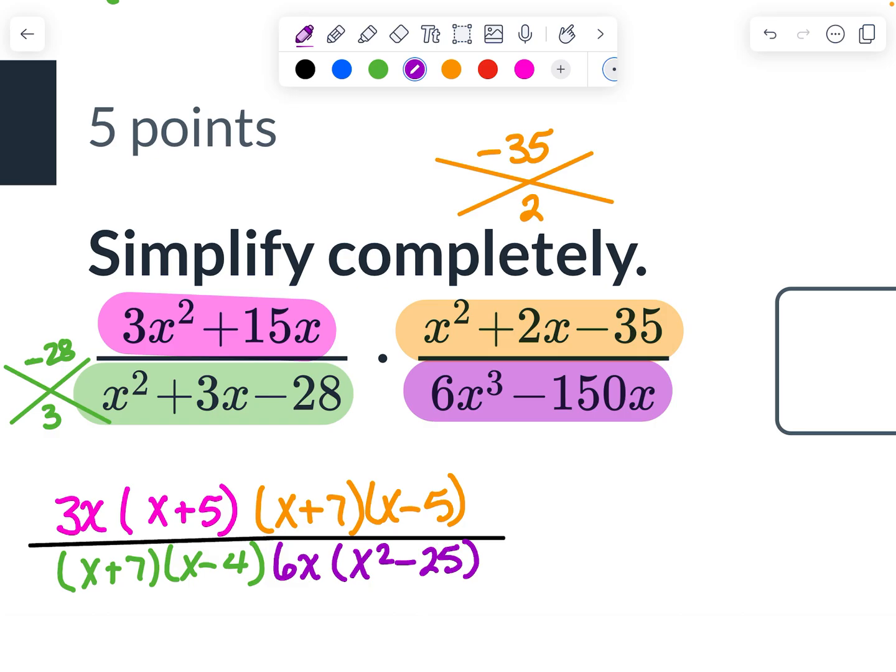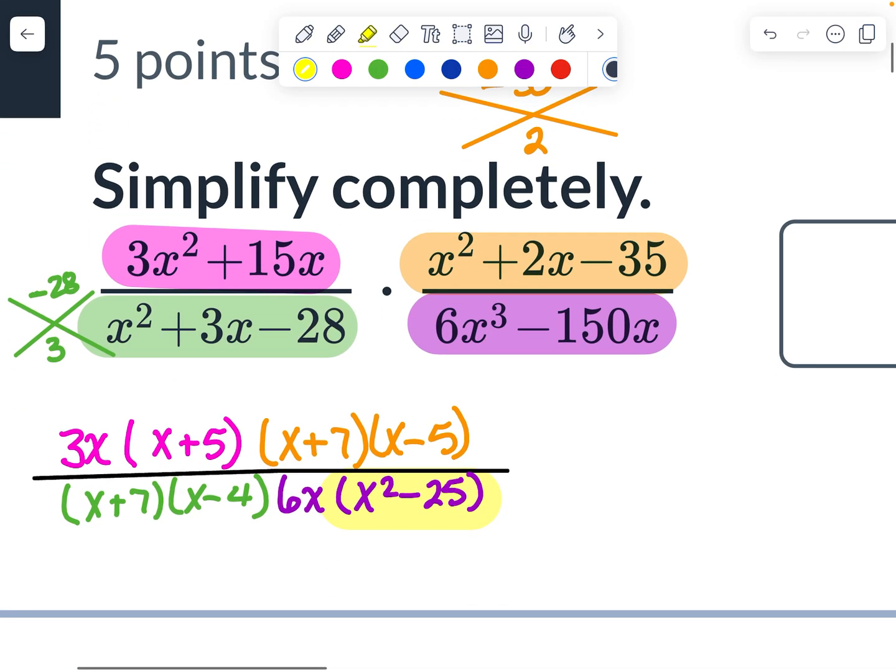Now, this is still factorable, so we're going to factor it again. When we factor it again, it would be x plus 5, x minus 5, because it is the difference of two perfect squares: the square root of x squared is x, and the square root of 25 is positive and negative 5.